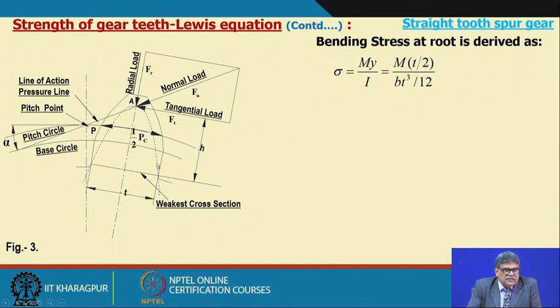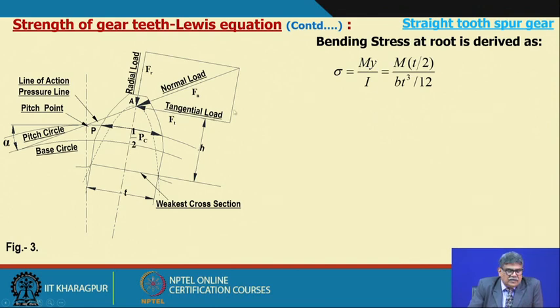We have taken this front view of the teeth, and along this direction the width is there. So, this section has the tooth thickness as a width, and the length of the rectangle is the width of the gear, which is b.